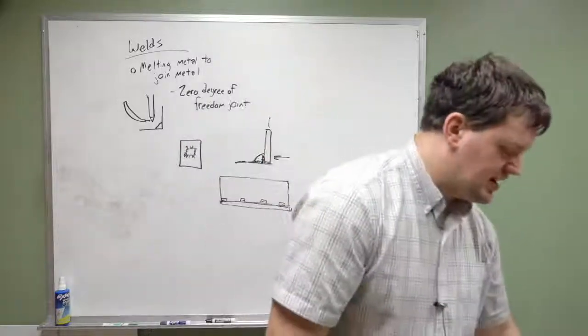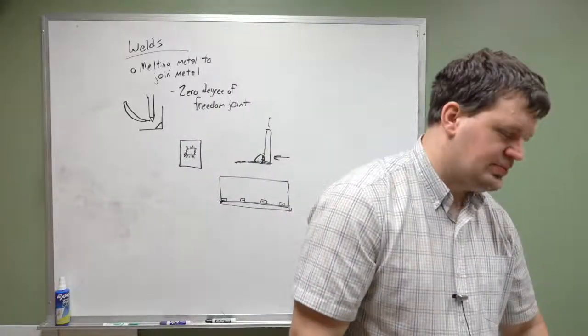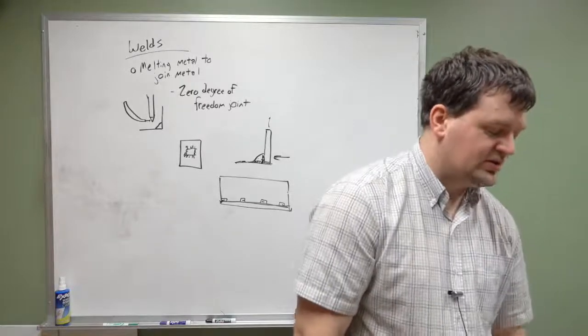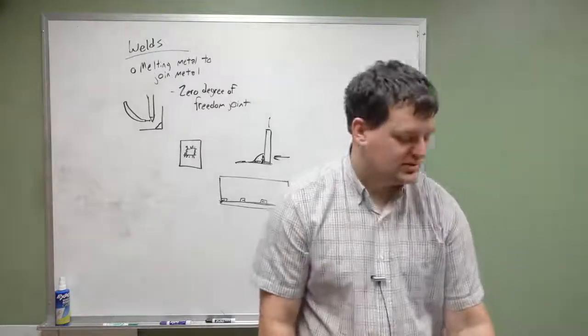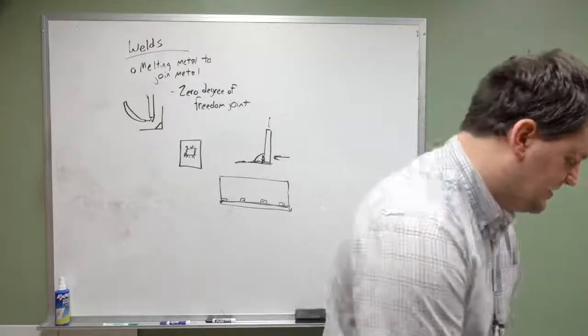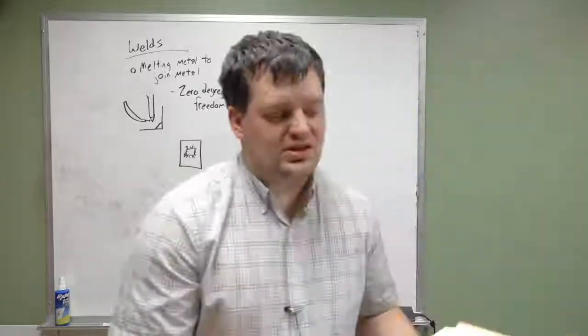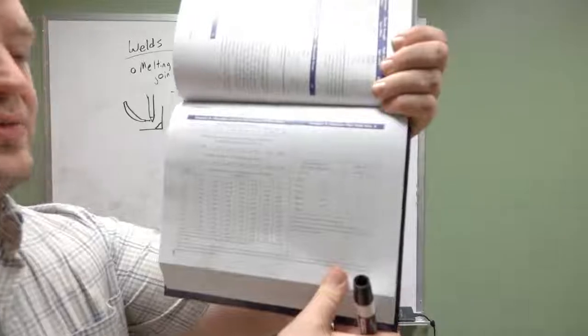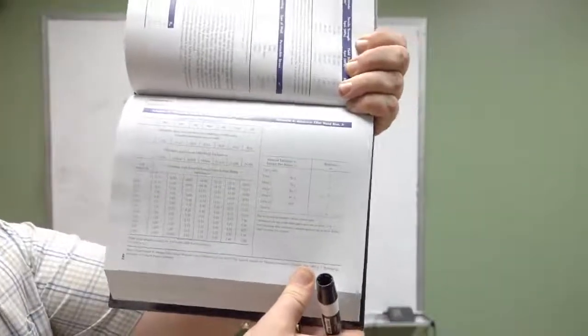There are different ways of calculating all of those. The book gives 10 million different formulas based on the type of loading, torsion, bending, all of that. At the end of the day, though, what matters a lot to the engineer comes down to this table. This is table 9.6.